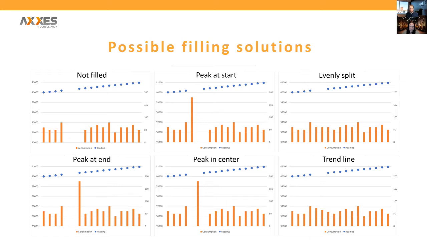So do you want this? And it might seem easy to just split it evenly over the 3 bars that you're supposed to be generating. But if you make them all the same height, you lose all the resolution in your graph. So you could maybe do a trend line, look at the bucket that comes before it and the bucket that comes after it, and then plot a line between those 2 points and use that.